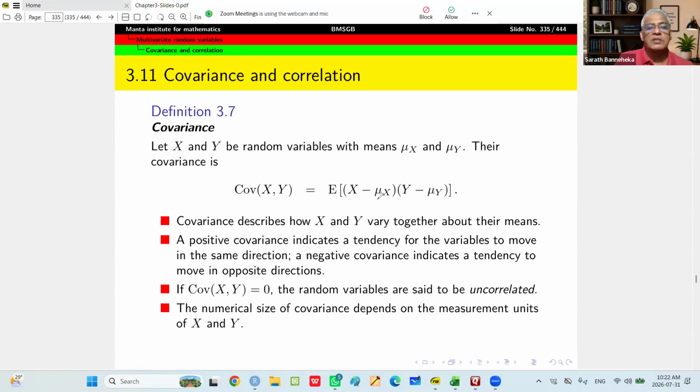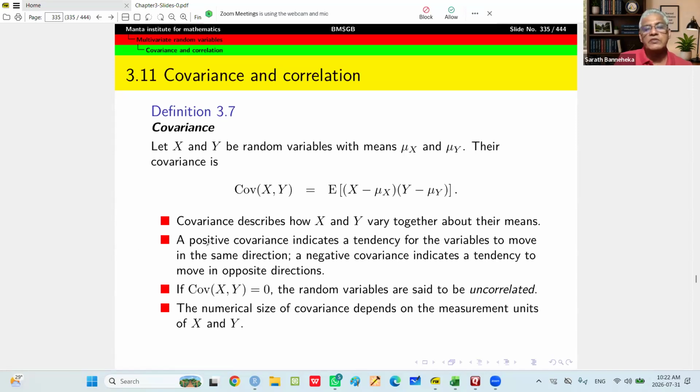Similarly, in this case, covariance describes how X and Y vary together, right? Because we are always here talking about paired observations as a pair of random variables, how they vary together around their means.